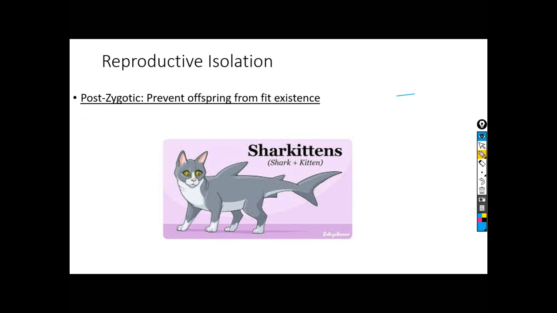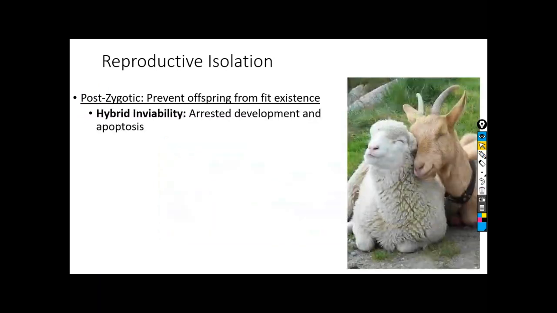Okay, so we're just going to start looking at these because we're certainly not going to have time to get through them all. So what are our options? Keep in mind, of course, we're not choosing these. These are things that would happen. The first thing that can happen is what's called hybrid inviability.